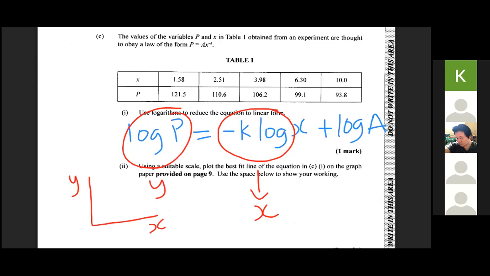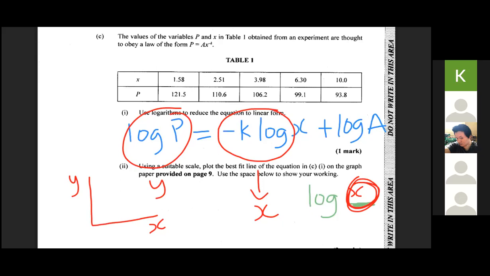Because you have to find log of a number. I can't just not have that number. You find log of a number. There has to be a number right there. I can't just find minus k log.